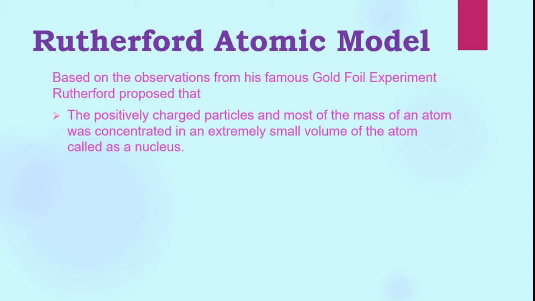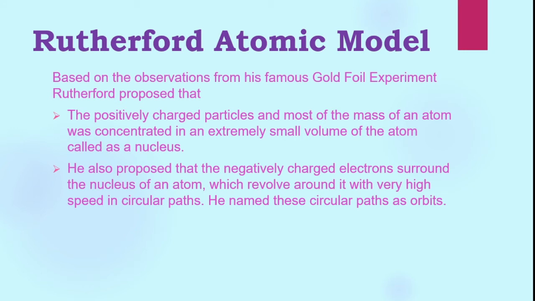We will discuss on the next slide how we can say that the nucleus is positively charged. Next, he also proposed that the negatively charged electrons surround the nucleus of an atom, which revolve around it with a very high speed in circular paths called orbits.